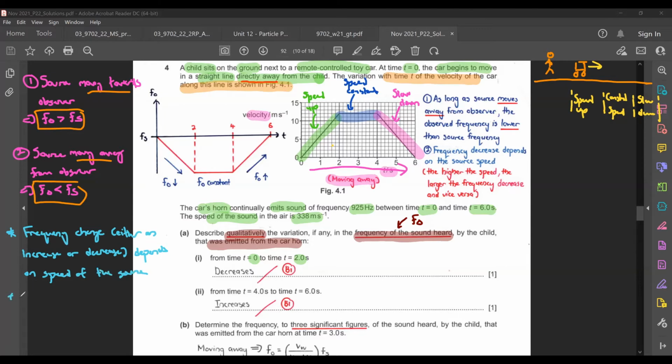Okay, what we'll tell you here is that the higher the speed, the greater the change, and vice versa.